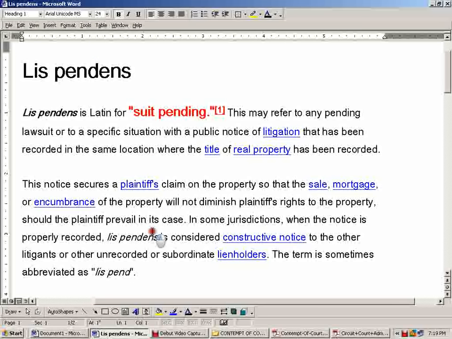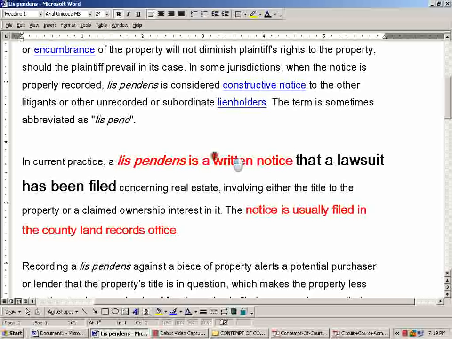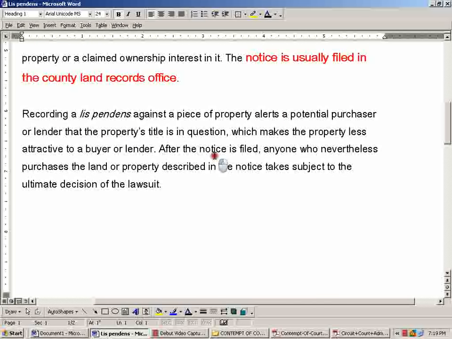But up here, it talked about where the title of real property is. And real property and land are not the same thing. So the lawsuit is recorded where the title of real property is. Recording a lis pendens against a piece of property alerts the potential purchaser or lender that the property title is in question, which makes the property less attractive to a buyer or lender.